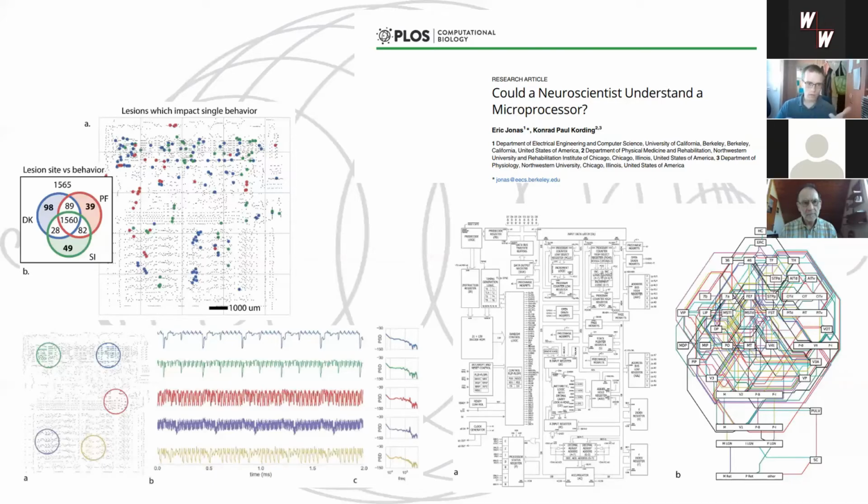This is Donkey Kong, Pitfall, and Space Invaders. Then he lesioned, so he destroyed, single transistors on the microprocessor. And he found that there's a certain group of transistors that when you destroy those, then Donkey Kong will not run anymore. And then there are other distinct transistors, and when you destroy those, then Pitfall will not work anymore. But it would be obviously wrong to think of those transistors as the Donkey Kong transistors, right? A microprocessor does not have a Donkey Kong area.